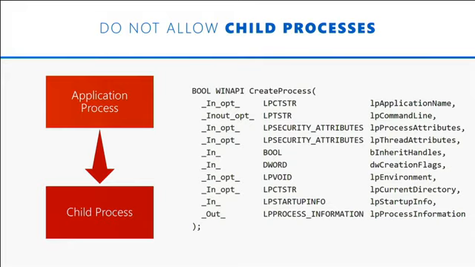I want to put as little malware as I can on the device, just enough to get me started, and then fire up a process that's already there. Once I've fired that up, now I can start living off of what you already have on your device. This will stop me from launching that new process. So now I can't fire it up.